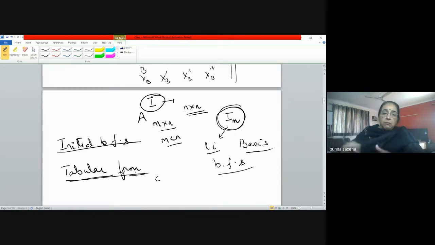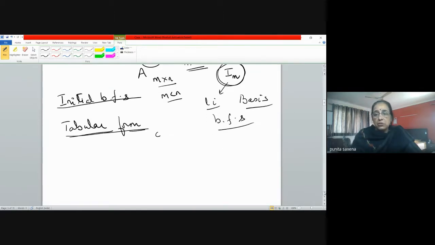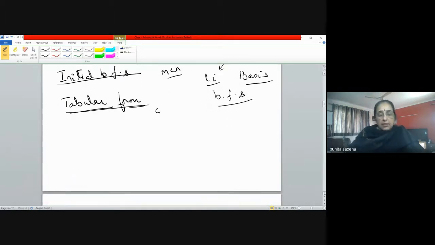But before we move on to the tabular form, let us understand two things here, because there has to be a relationship between the two. Whatever we proved was for the minimization problems.